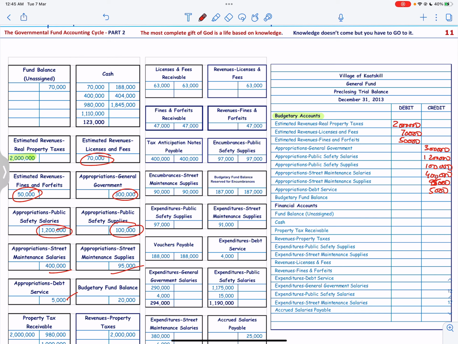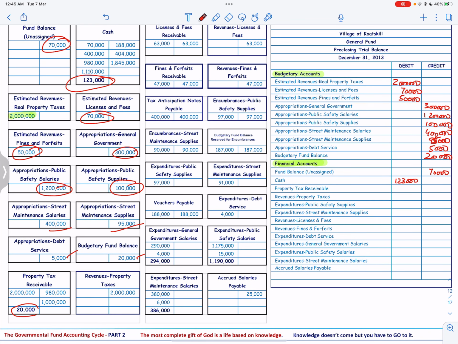And then we have budgetary fund balance 20,000. Then we are going to record all the financial accounts, and first of all we have the unassigned balance of 70,000 in the credit. Then we have cash, the balance is 123. Then we have property tax receivable 20,000.